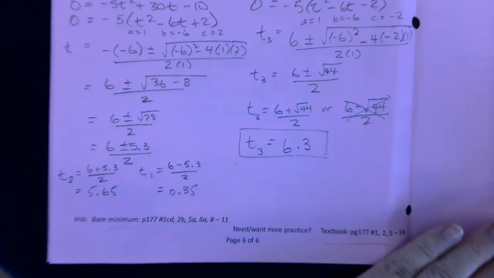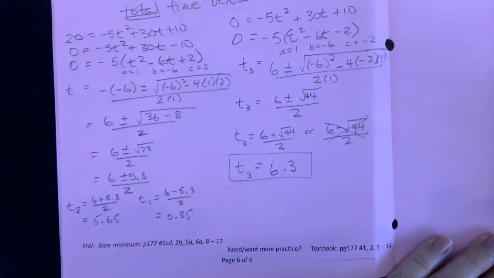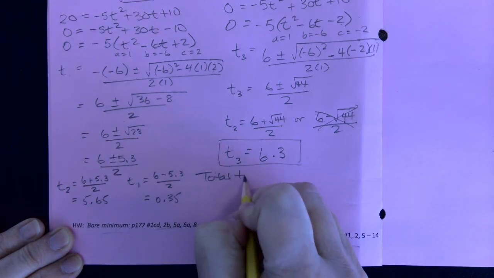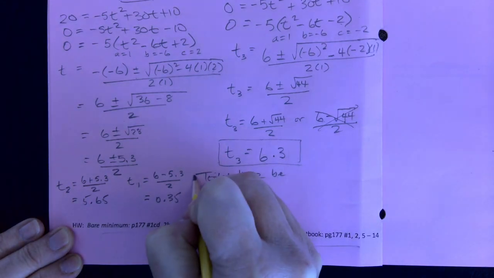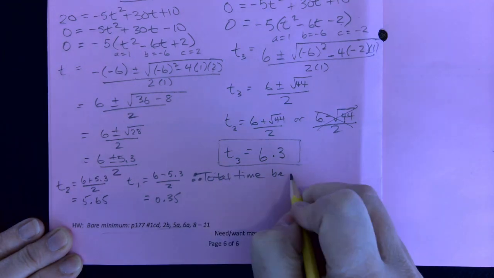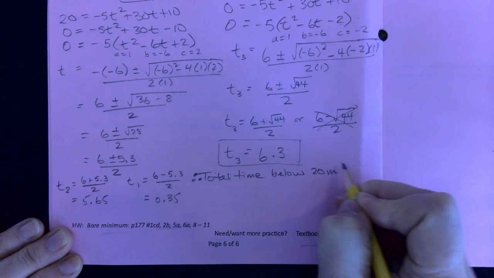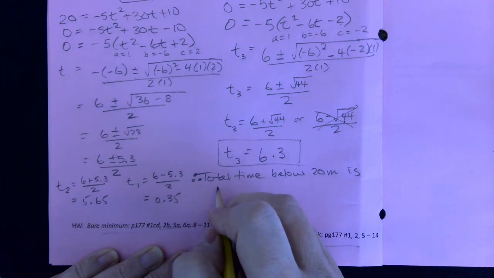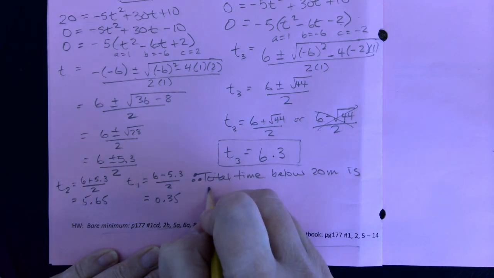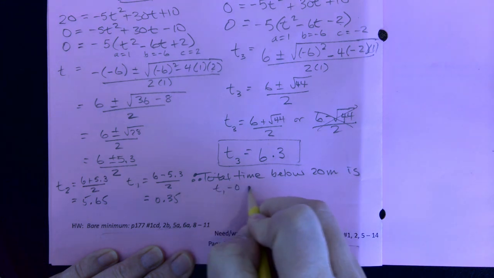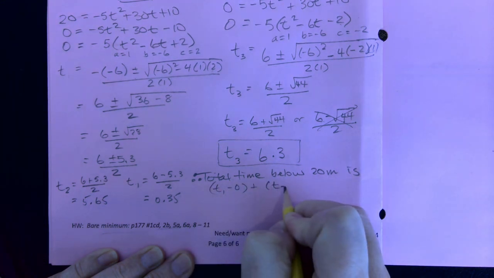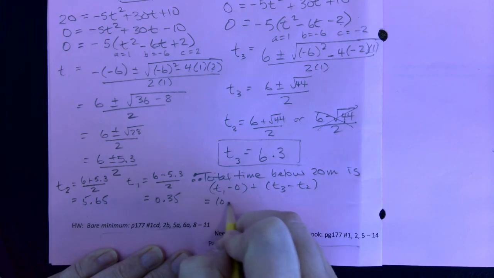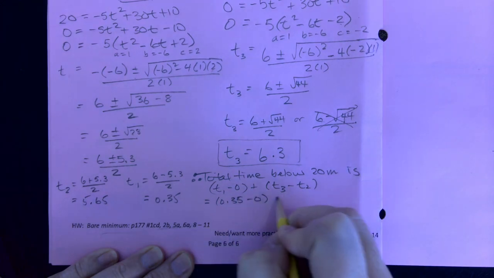Okay, so now when we want our total time below 20 meters, I'll put a therefore, below 20 meters is, if you want to show it like this, T1 minus 0 plus T3 minus T2. That's what we have up top. T1 is 0.35 minus 0.